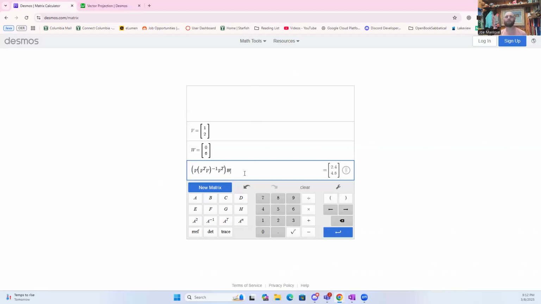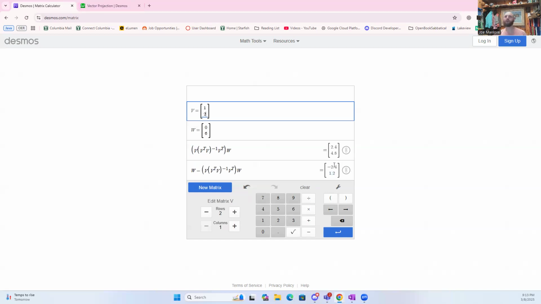Well, I'm just going to take this whole thing and do w minus w parallel, and that's going to give me this guy. You might notice that this vector here is in fact perpendicular to this vector v. So I'm feeling like all this is working. I hope you're feeling like all this is working.